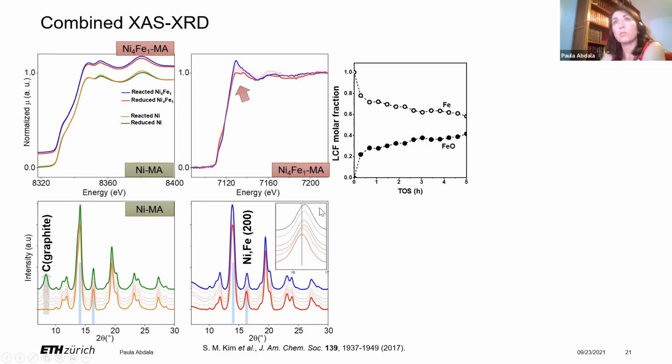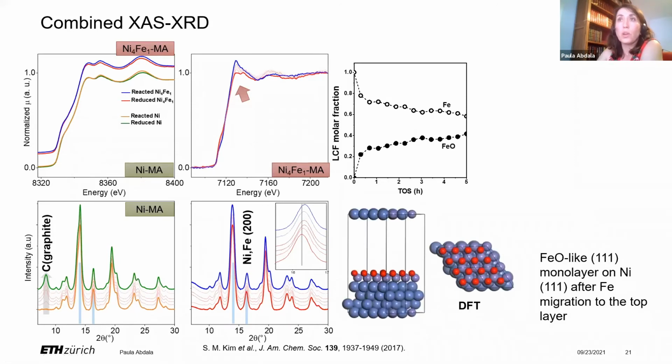So it shifted to the right, to higher angles, in line with the formation of iron oxide. So iron oxide migrates out from the alloy. And this was also in line with the DFT calculations of our collaborators that also suggested that iron at dry reforming of methane conditions would migrate to the surface, forming this FeO type oxide.